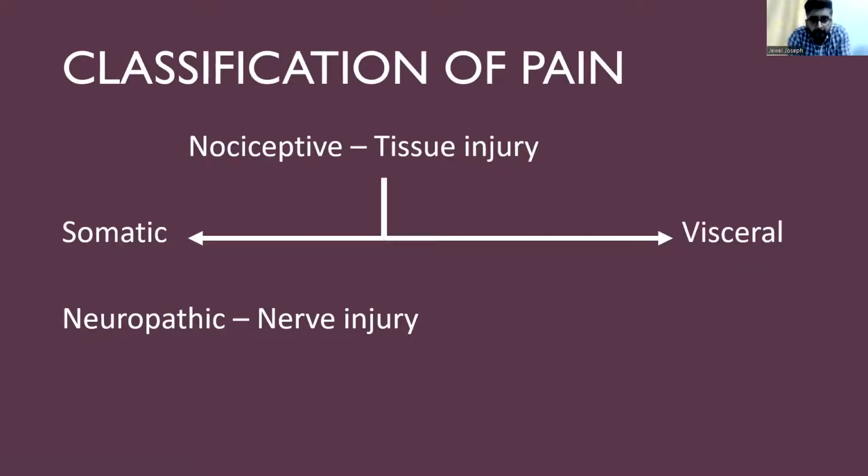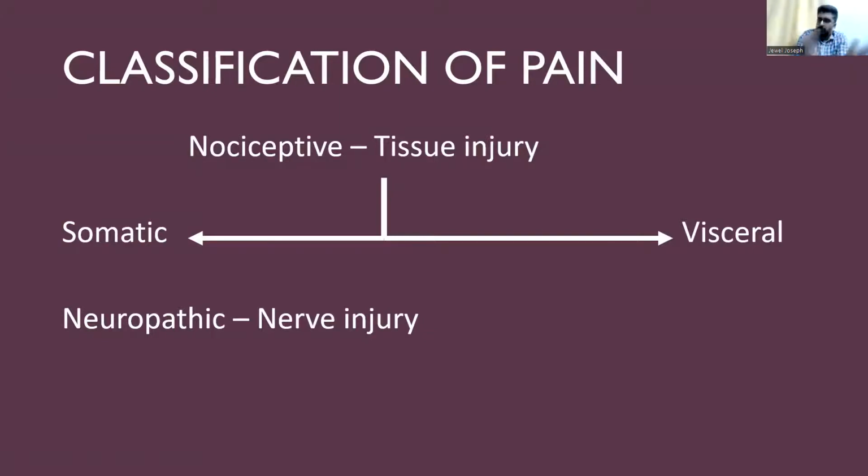So now we'll come to the classification of pain. In a very broad sense, pain can be classified as nociceptive and neuropathic. Nociceptive is basically pain associated with tissue injury, either soft tissue or bone. Neuropathic is the pain associated with some injury to the nerve, either a nerve compression or a nerve injury or anything like that.